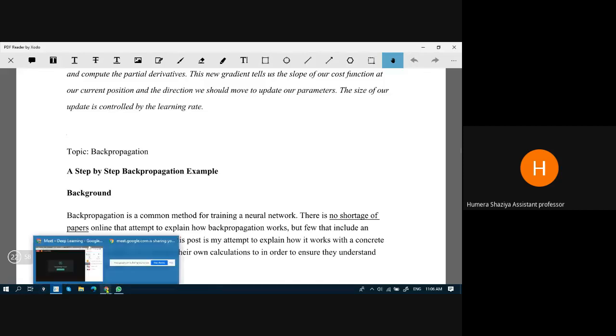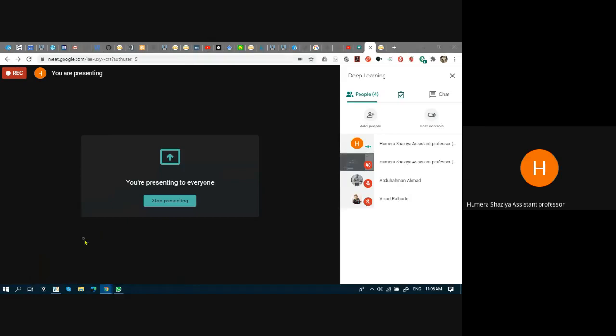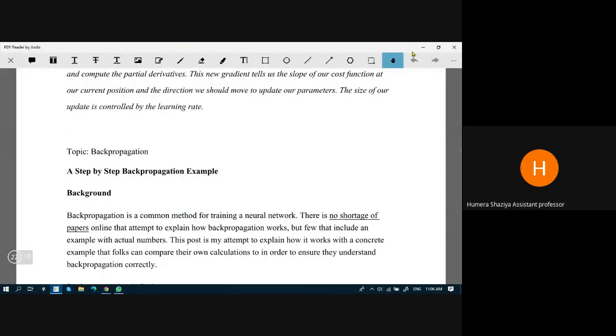It is a very important, very significant algorithm, and what happens in this algorithm is it adjusts the weights in the neural network in such a manner that as you go on training the model, you get better and better accuracy.